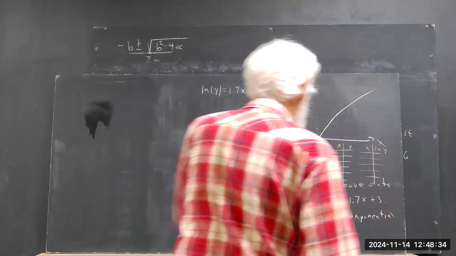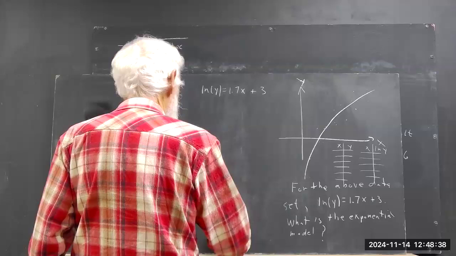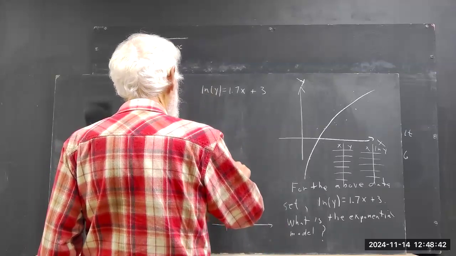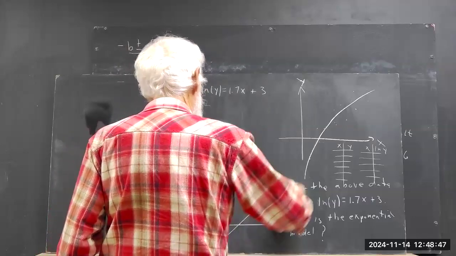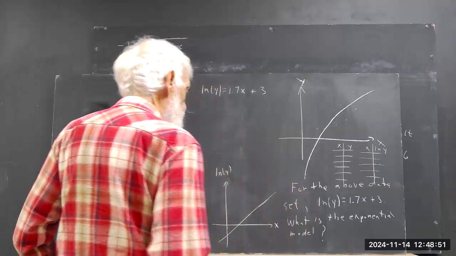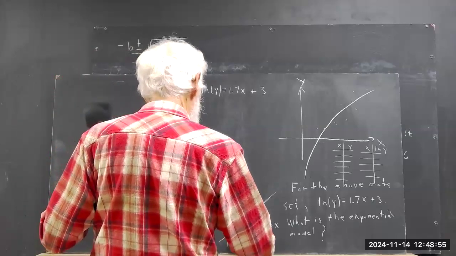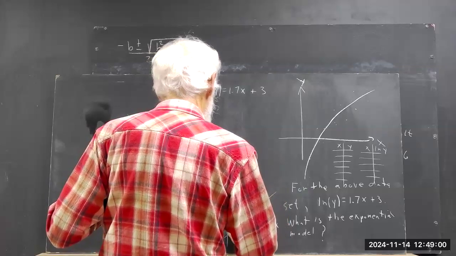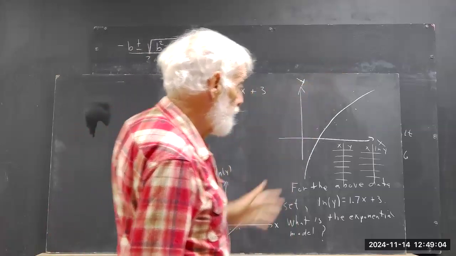Okay, so what would happen with this data is if you plot natural log of y versus x, you're going to get a straight line. Okay, or you're going to get a bunch of points, and it's going to straighten out this set of points.